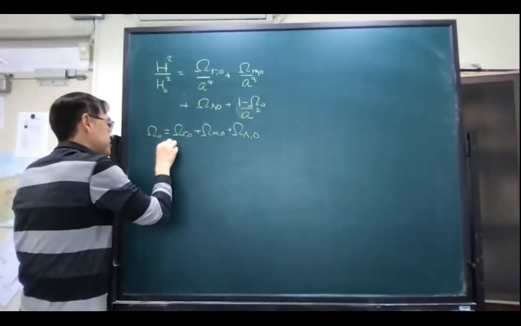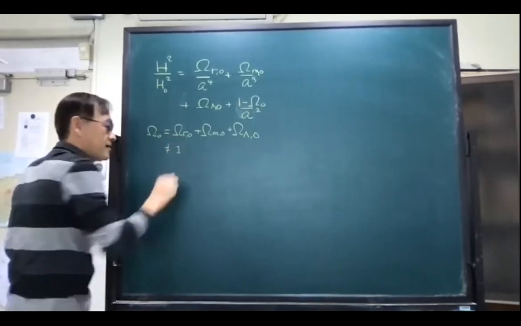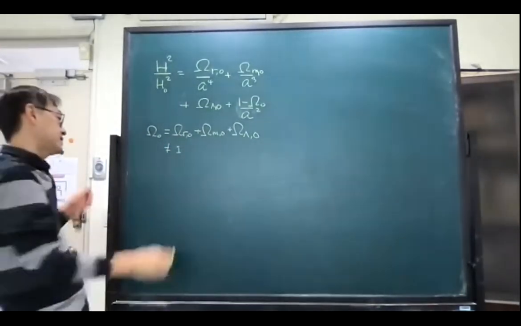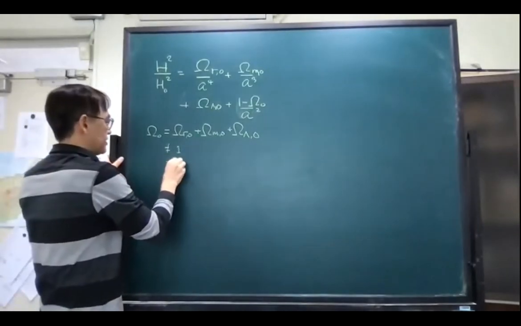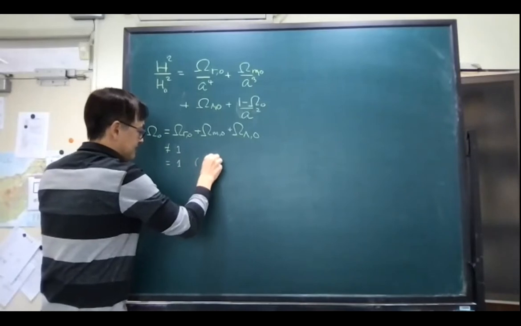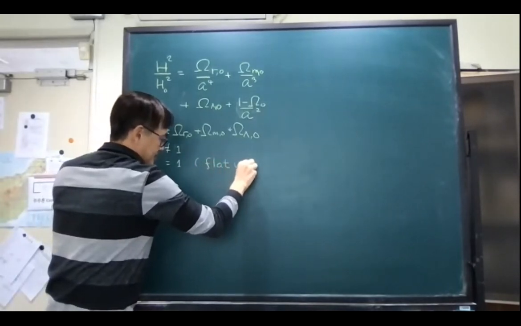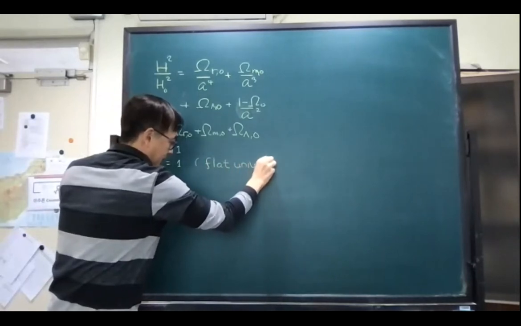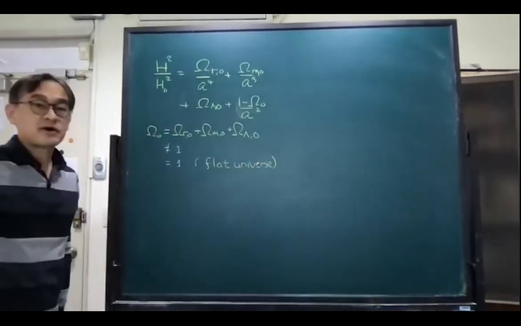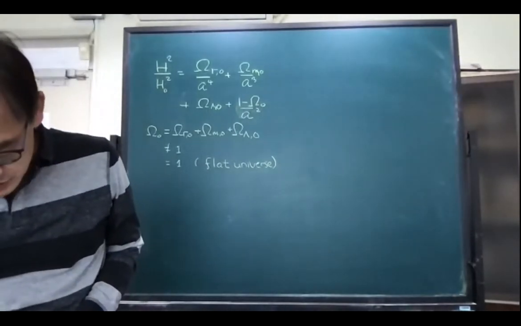This is in general not equal to 1, but when this is equal to 1, this means our universe is a flat universe. So that's what we discussed in previous lectures.